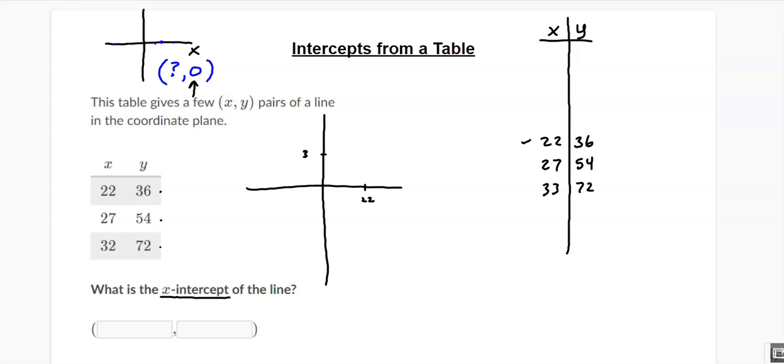All right, so I'm right there. And this point, I'm over at 27 and up at 54. So I'm right here. And one more, I'm at 33. Actually, check that, I'm at 32, and I'm up at 72.